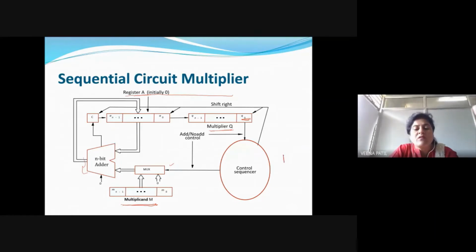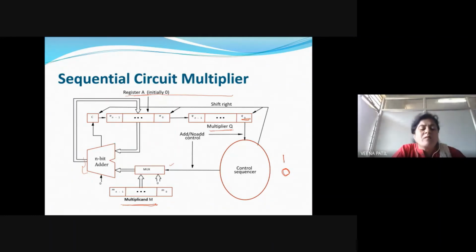If the bit is 1, it is going to add and shift the multiplicand. If the bit is 0, it will simply shift the partial product. Okay, so this is how we are going to use the substitution.